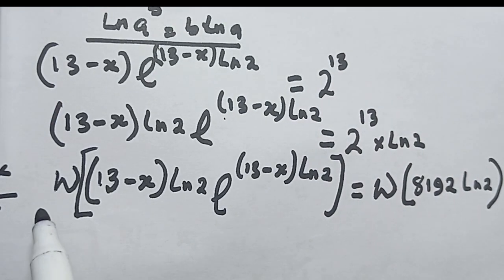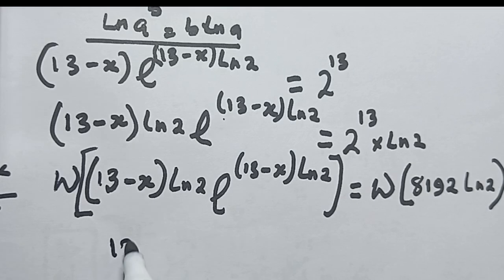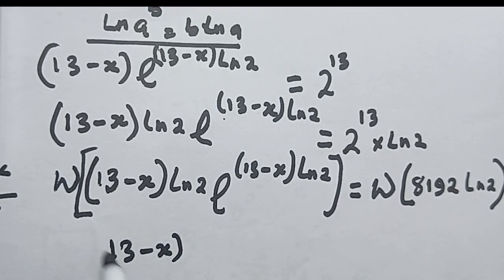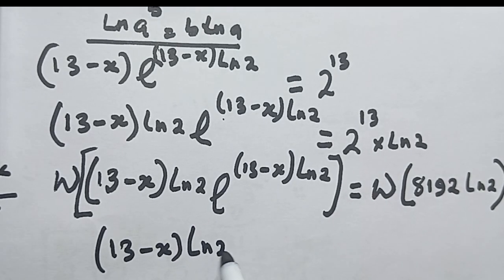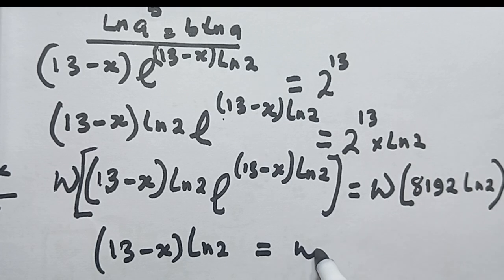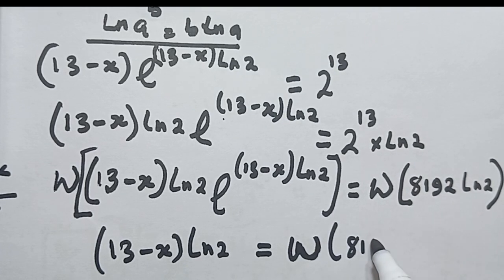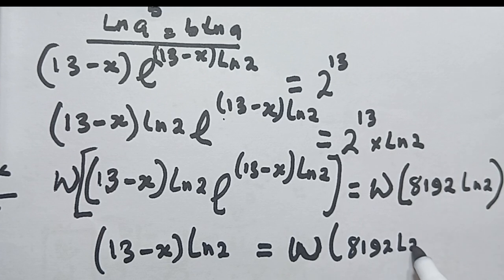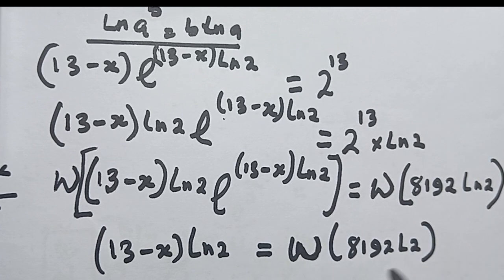Moving on, this whole thing is going to collapse to 13 minus x multiplied by the natural log of 2, and is equal to the Lambert W function of 8192 natural log of 2. Okay, so this is what I have.